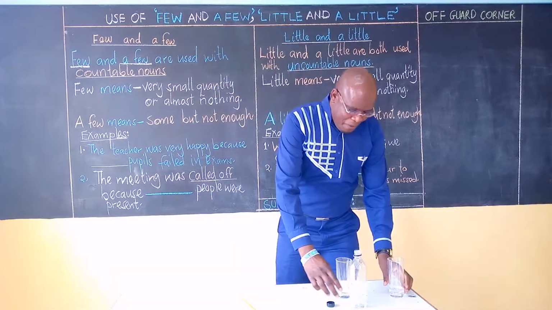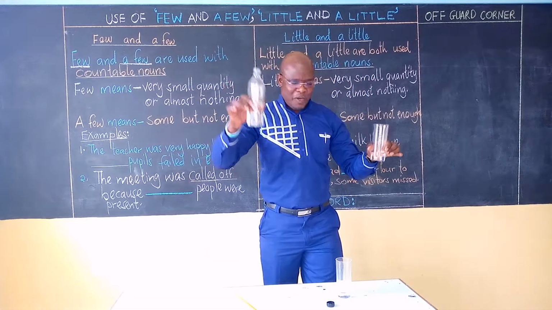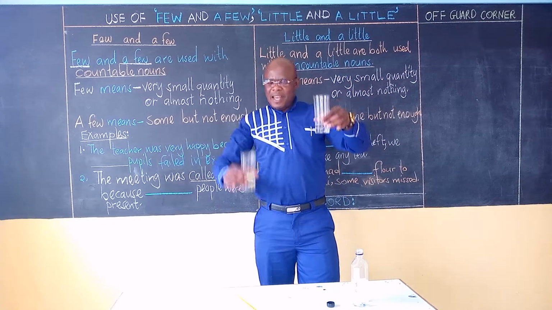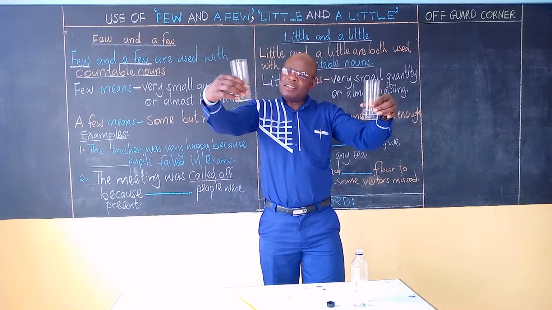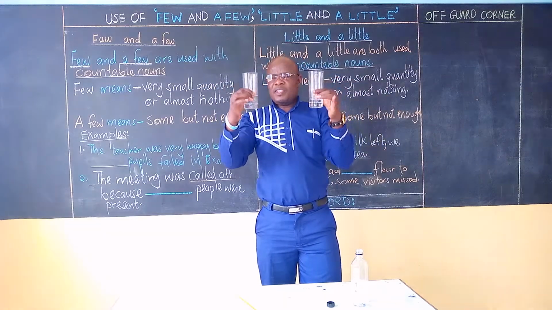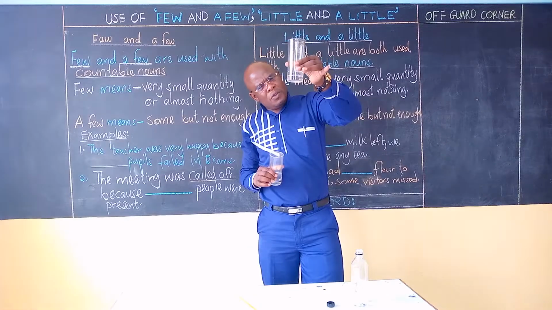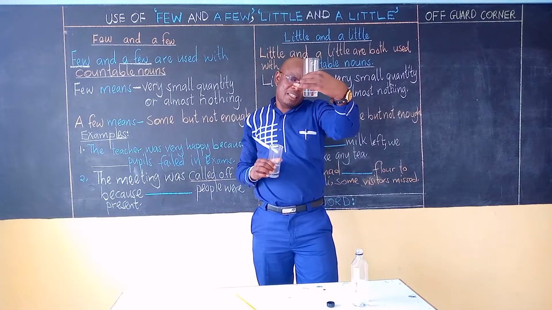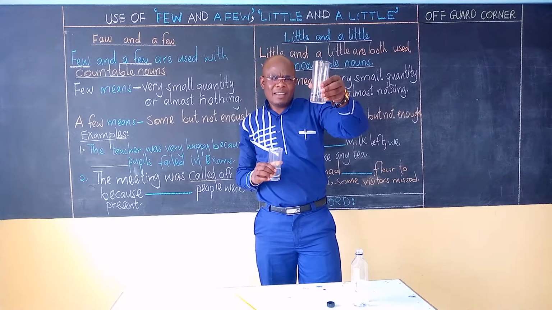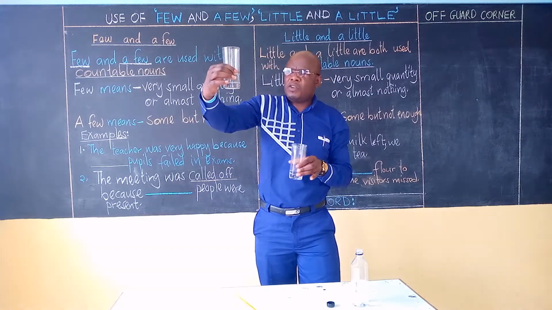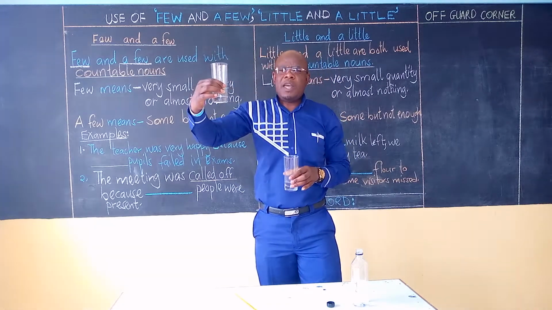And I have my glass of water. I have put some little water here. I've put some water in this glass as well. Like you can see, I have two glasses with water. In this one, the water is nearly at the bottom of the glass. And this is nearly half, or not half, but close to quarter way.